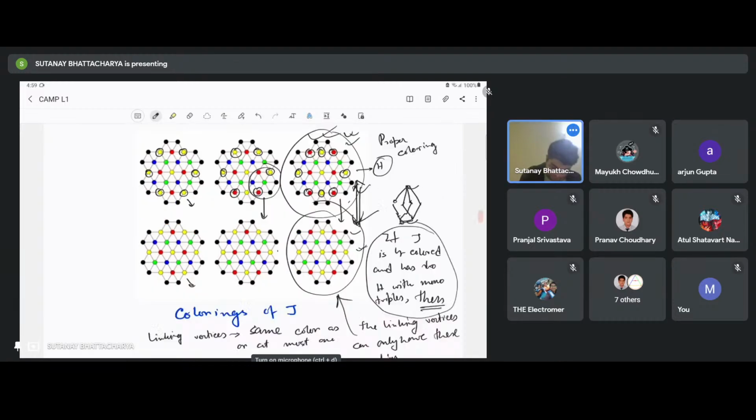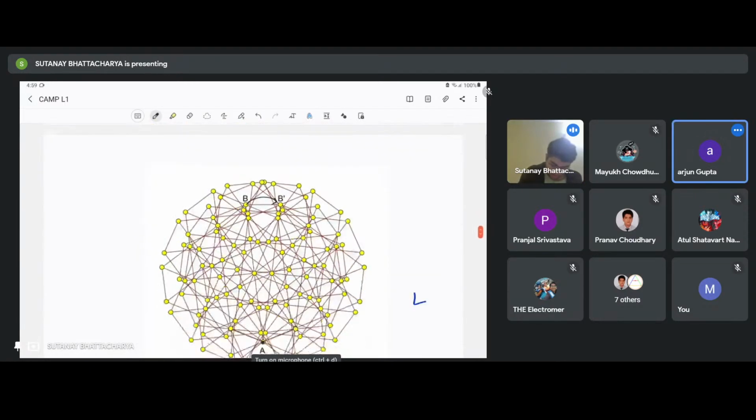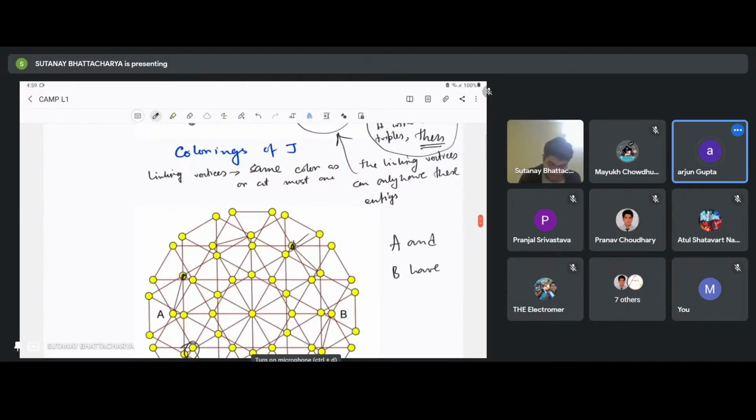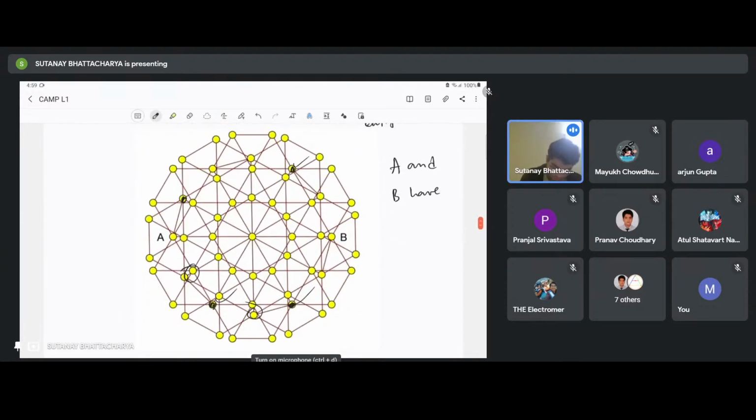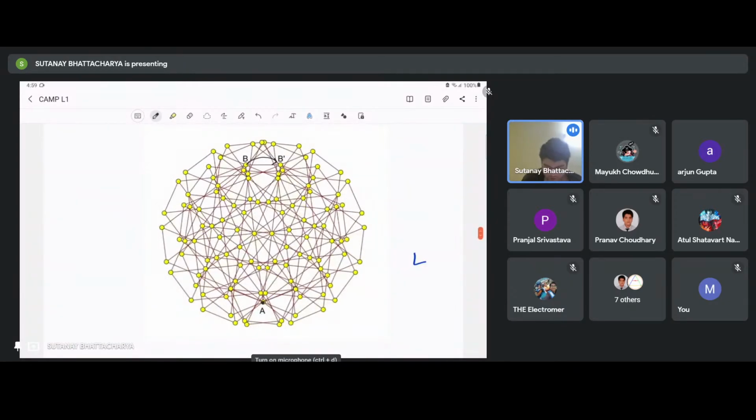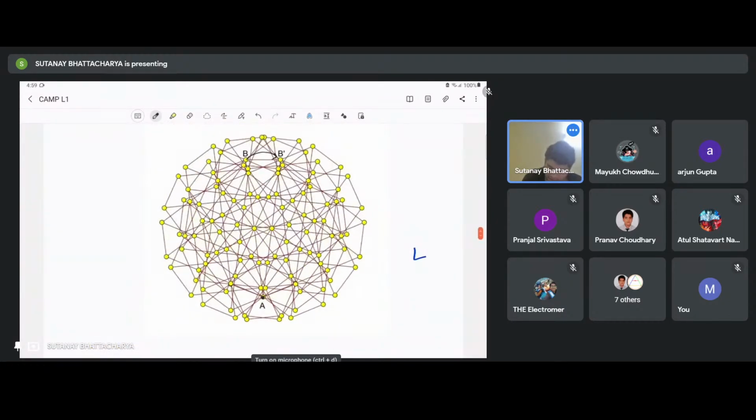So where are we right now? So what's the claim basically? Yes, I'm getting to that. So we have shown that there has to arise a contradiction if we try to four-color this L, so that no internal H has a monochromatic triple.